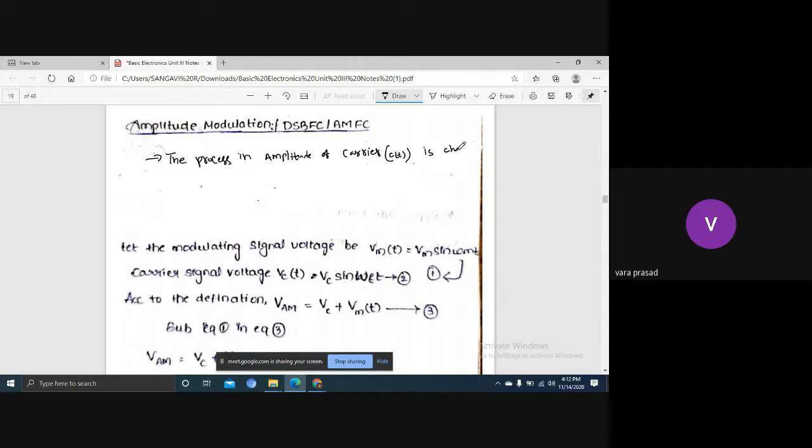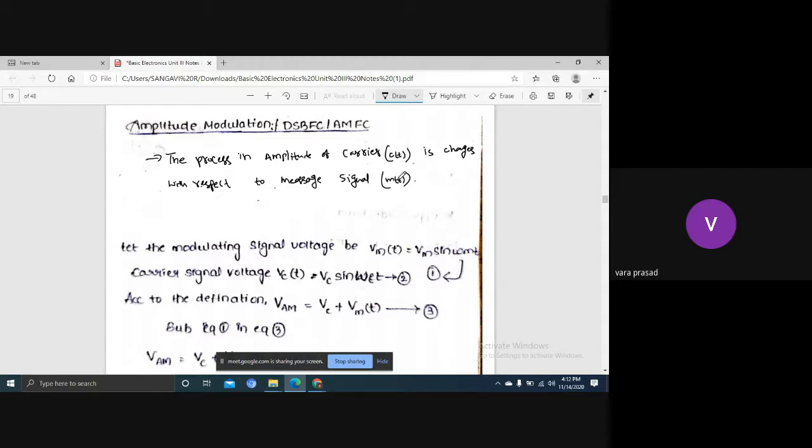changes with respect to message signal. This one we can call it as m of t.